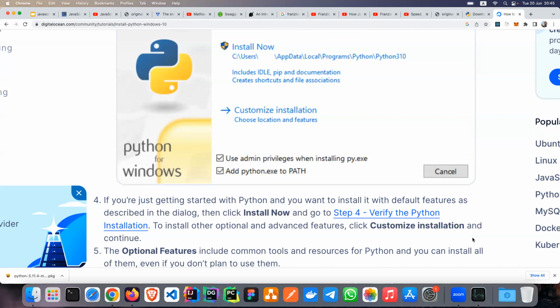Let's open terminal and write. It actually works. I think you already have Python installed in your system.